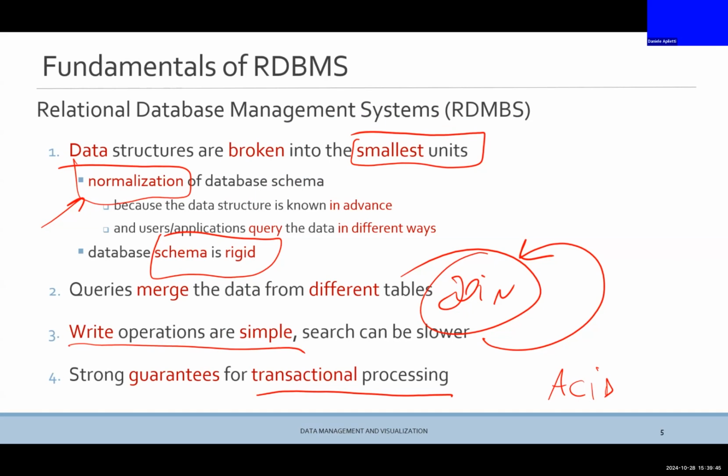For many operations, for example, when you change the password, if you change the password, you want the new password to work and not the old one. So it must be complete. Not that half of the new password is accepted and half is the old one, or that both passwords are still valid, or things like this. That's transactional processing.